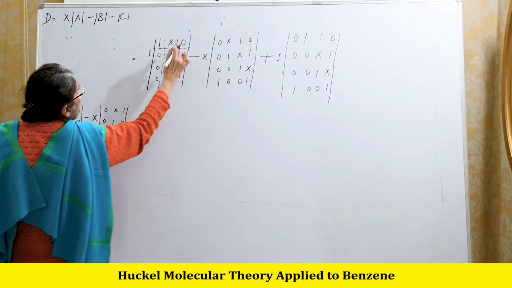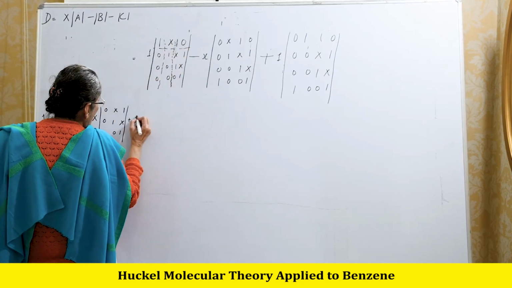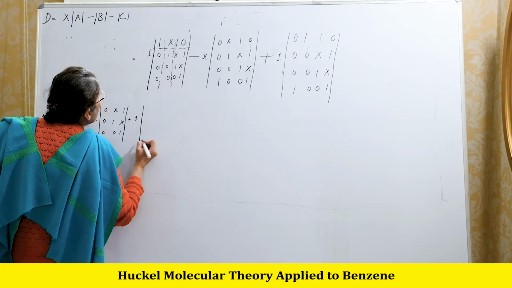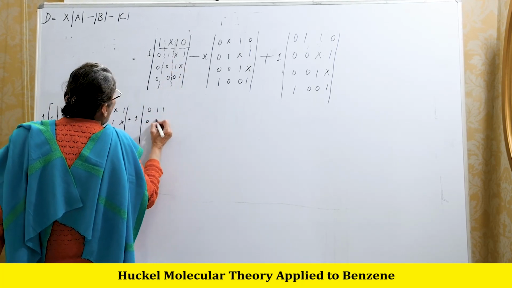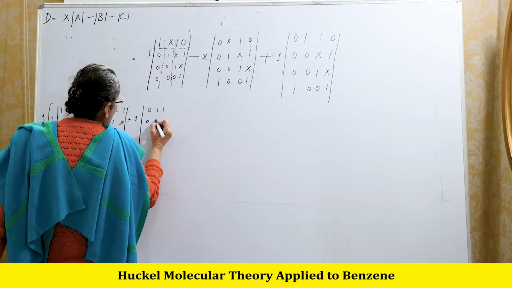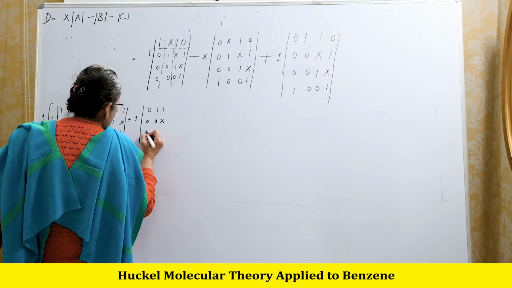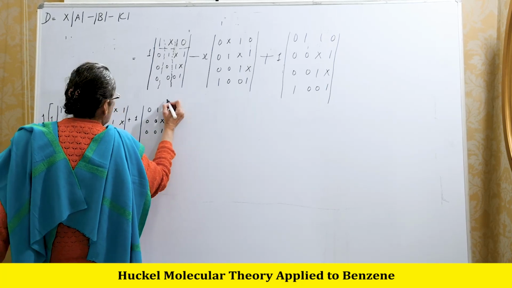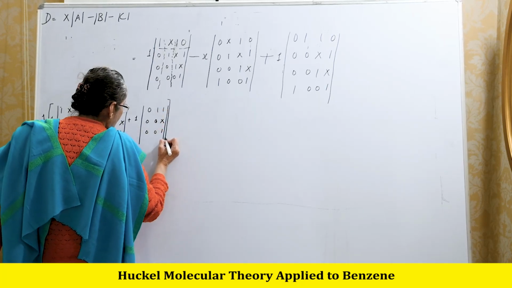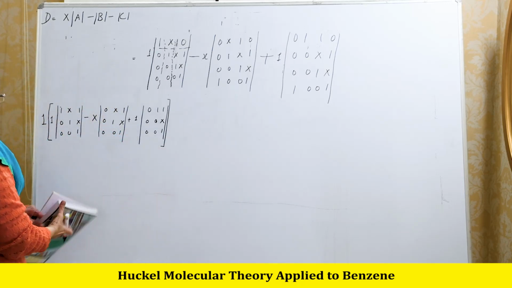And now again for this plus 1 we get the matrix 0 1 1 0 1 0 0 x and 0 0 1, and this capital. So let me check this.